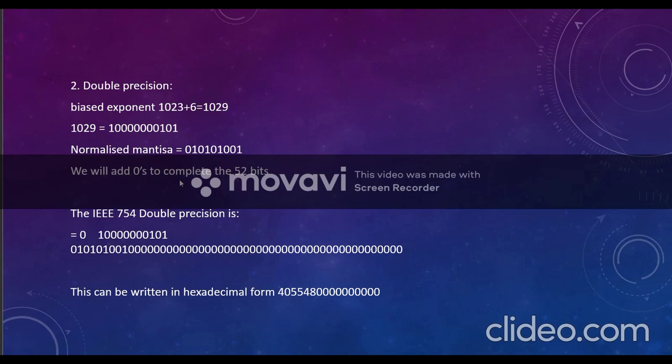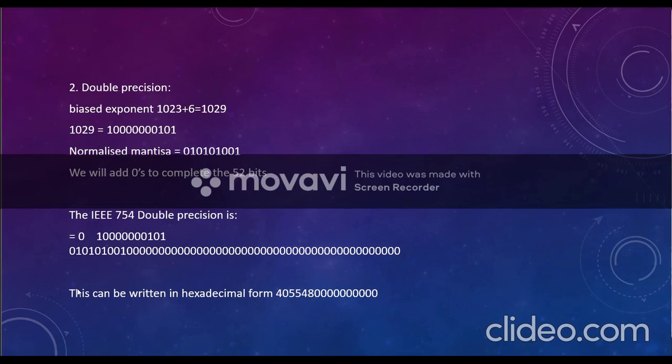Therefore, the IEEE 754 double precision is 0 as a sign bit because 85.125 is a positive number, so we will take a 0, 10000000101 as the exponent bits, and 0101010001 till 52 bits will be your mantissa.